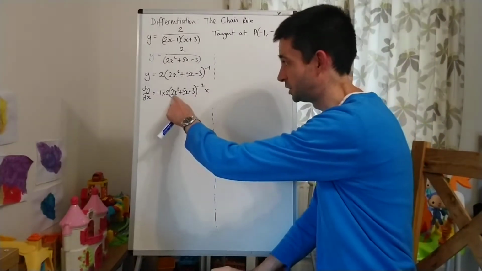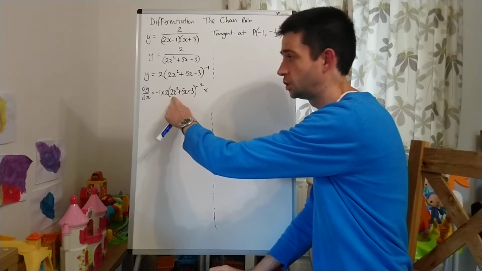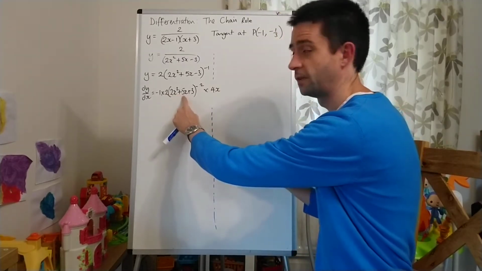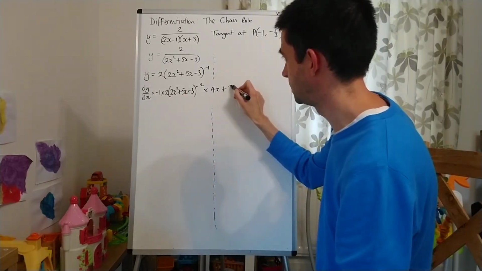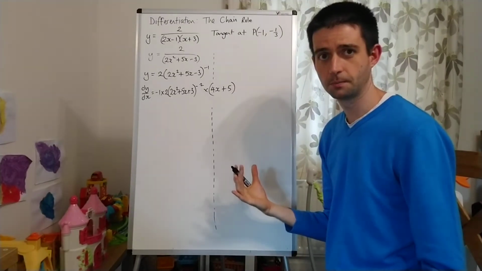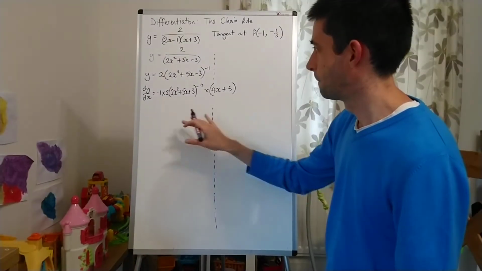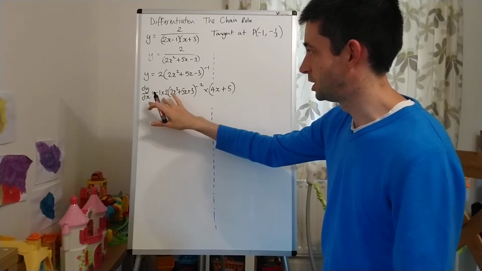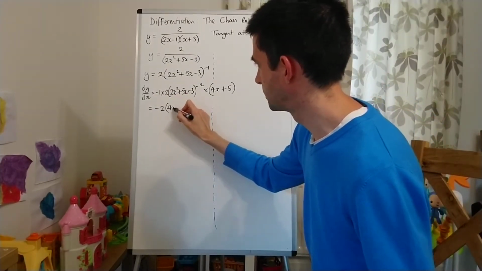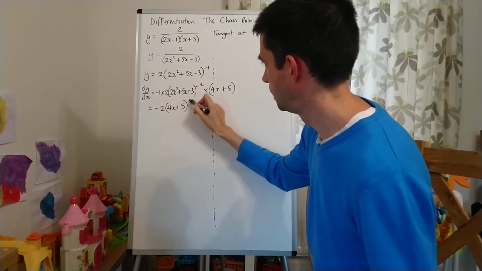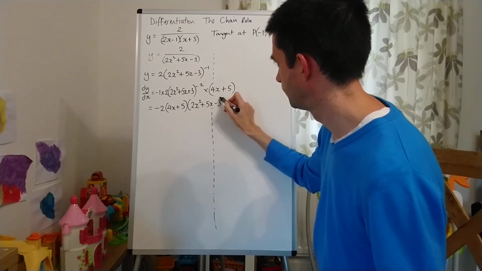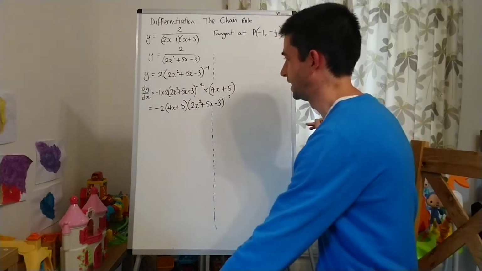Now, be careful, you've got to differentiate the whole bracket. 2x squared differentiates to 4x, plus 5x differentiates to 5, and because I have two terms, I need to put a bracket around those two terms. Now, what have I got? -1 times 2, so that's -2. So I've got -2 times (4x plus 5), multiplied by (2x squared plus 5x minus 3) to the power of -2.